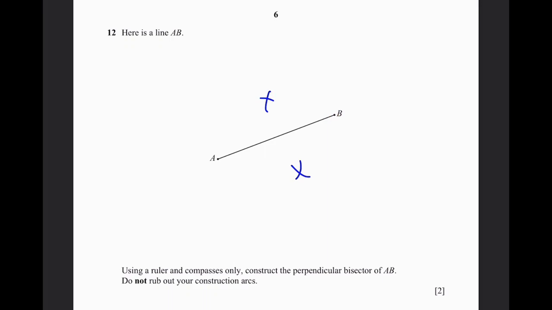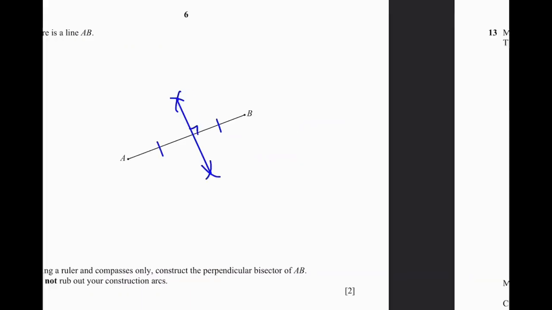And now you see the two intersection points between the arcs. Connect those two points. If you did it correctly, that should be the perpendicular bisector. These two sides will be equal. This is 90 degrees.